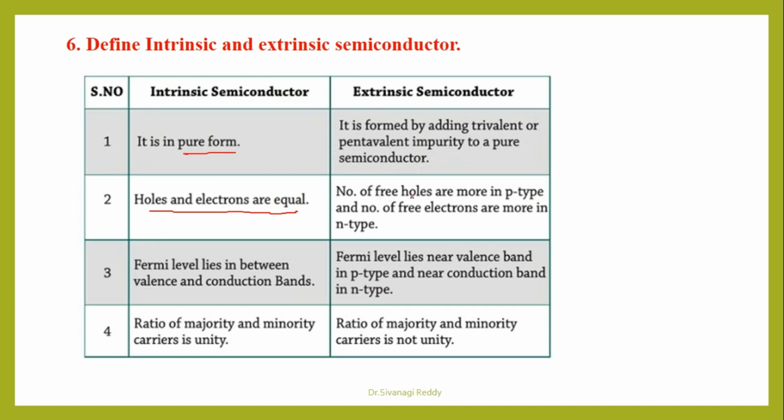In P-type semiconductors, holes are more. The Fermi level lies in between the valence band and conduction band. So this is the Fermi level. Then the Fermi level lies near the valence band in P-type semiconductors and near the conduction band in N-type semiconductors. The ratio of majority and minority carriers is unity for intrinsic, but the ratio will be different for extrinsic semiconductors.